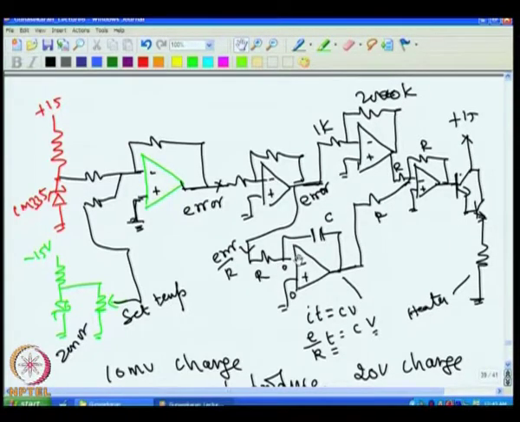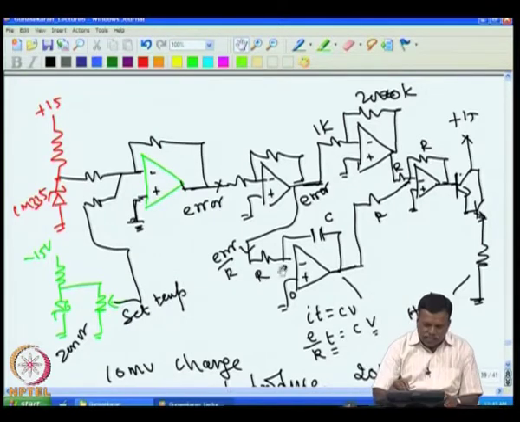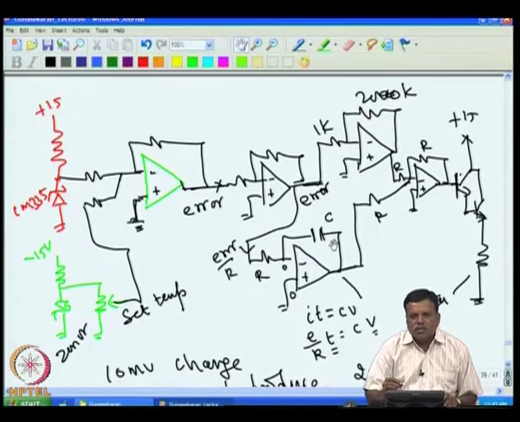In this case, it is supposed to be 100 seconds, but 100 seconds means we also have to consider the same type of scaling that we used in the case of temperature. So, one can set this R and C after scaling, then only it will work.